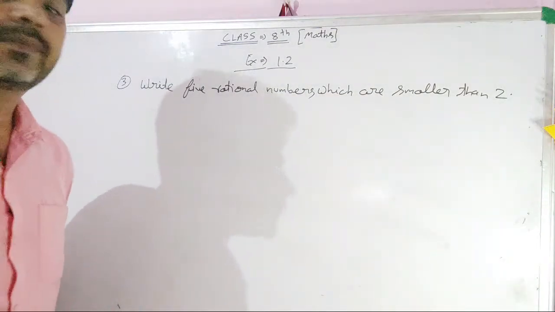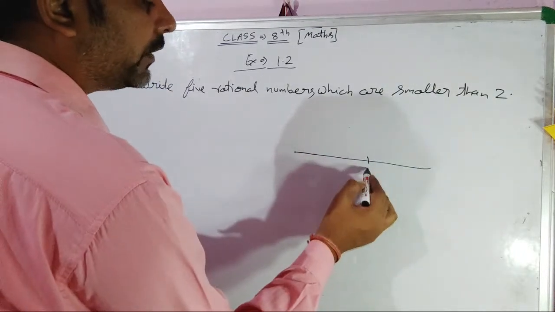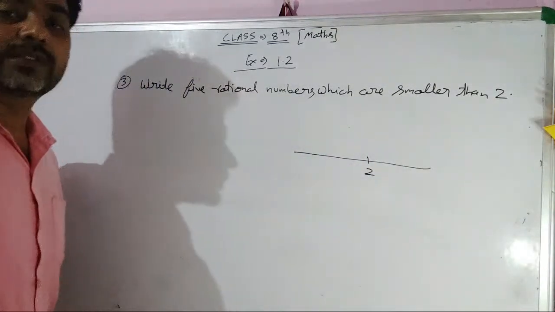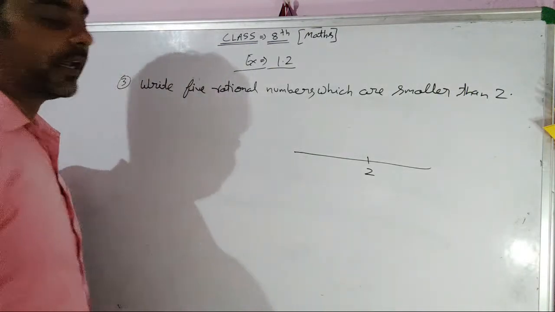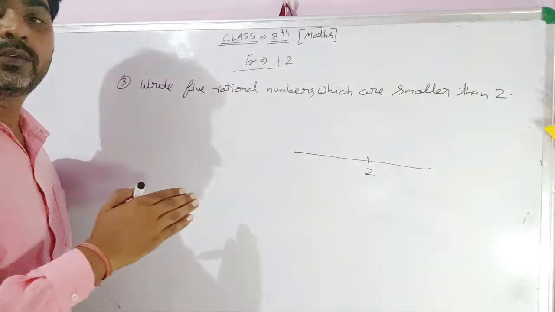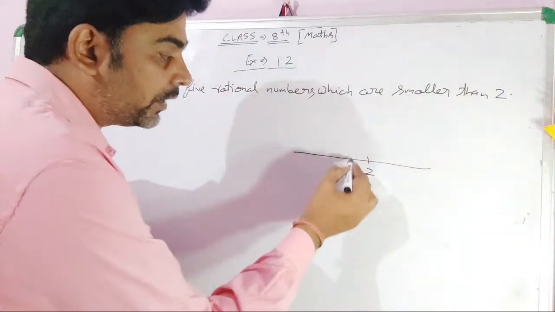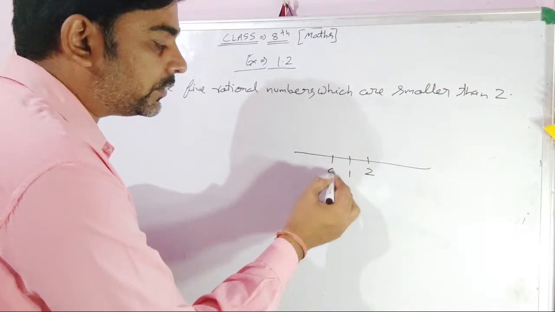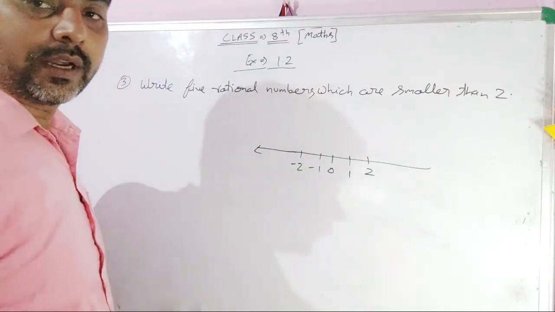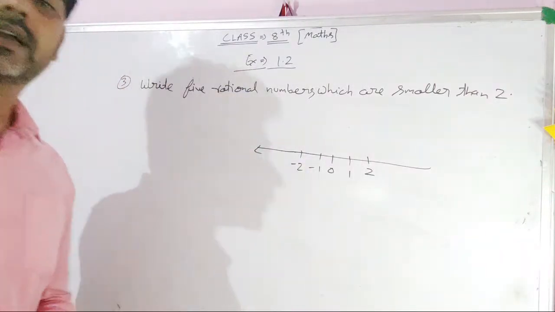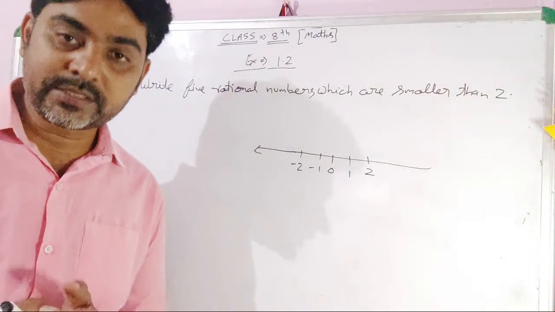We know that if we represent 2 on the number line, then all the numbers which lie to the left of 2 are smaller than 2, right? On the left we have 1, 0, -1, -2, and so on. All these numbers are less than 2, and we know that all integers are rational numbers.